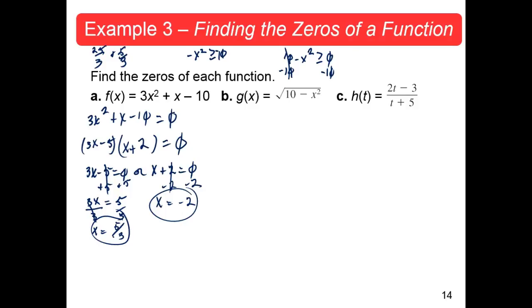Squeezed it in. All right, what do we do next? Divide by -1. What does that give you? So it'll be x squared, very good, less than or equal to 10.